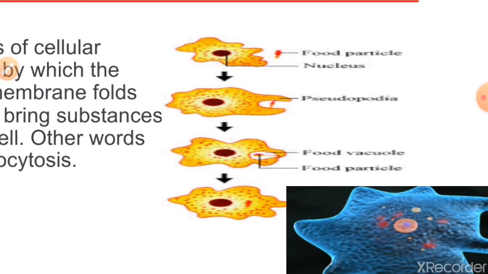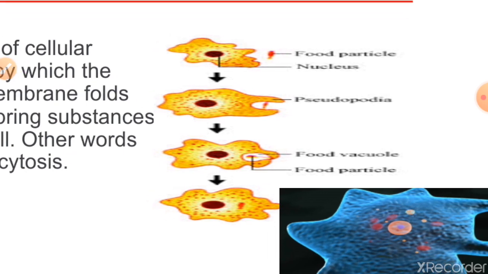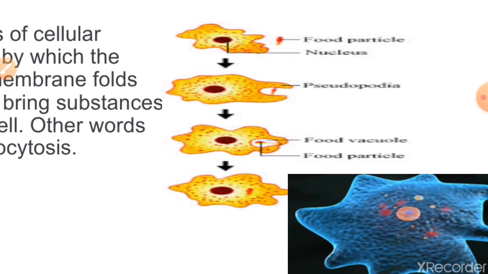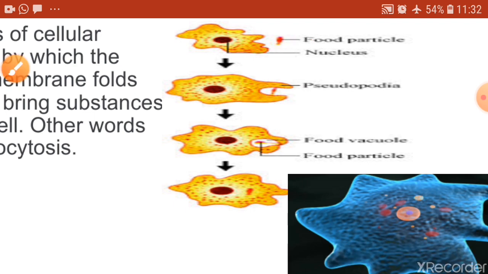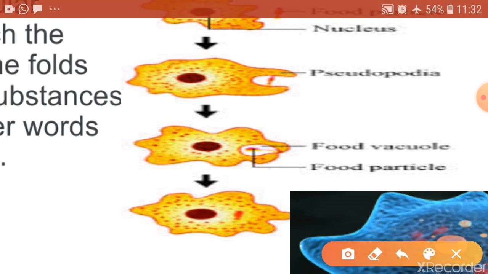This topic I have already dealt with in the previous video also. Amoeba feeds by endocytosis. When the food particle comes closer to the amoeba, the plasma membrane folds and produces pseudopodia, and a cup-like structure is formed. You can see here a cup-shaped structure, an invagination, produced because of the pseudopodia.